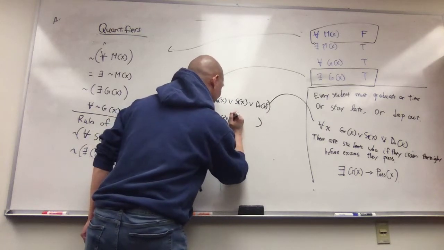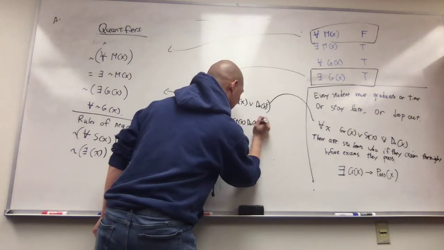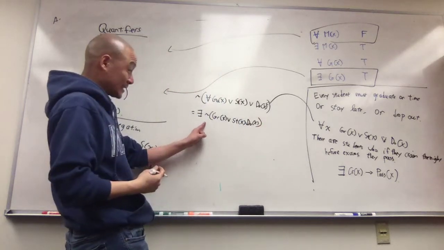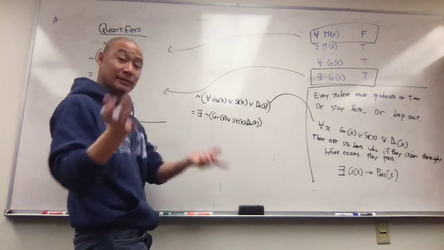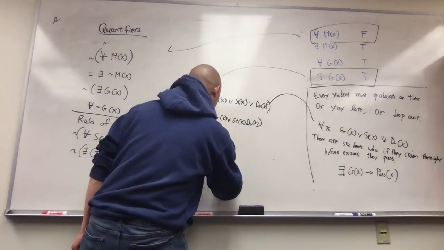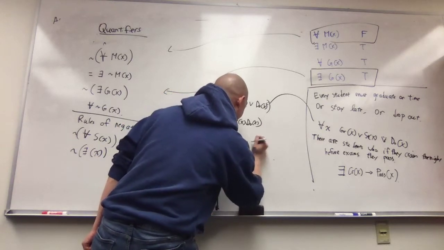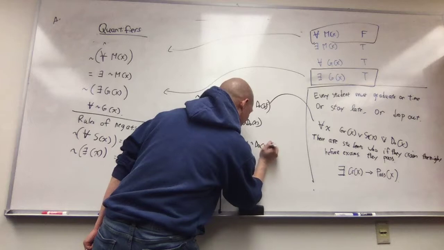and I negate the statement here. And if I pass the negation through this, then De Morgan's law happens, and what I have is not graduate and not staying late and not dropping out.